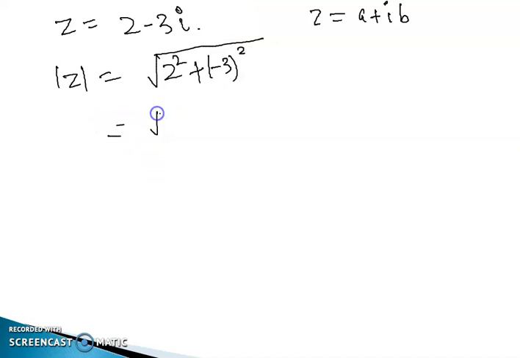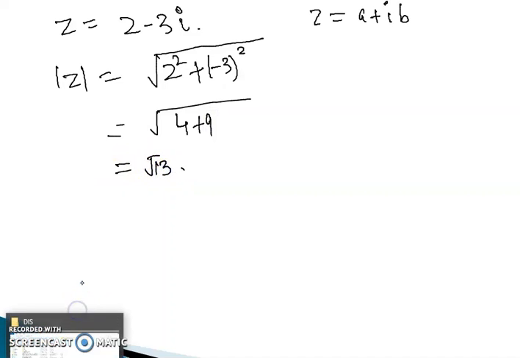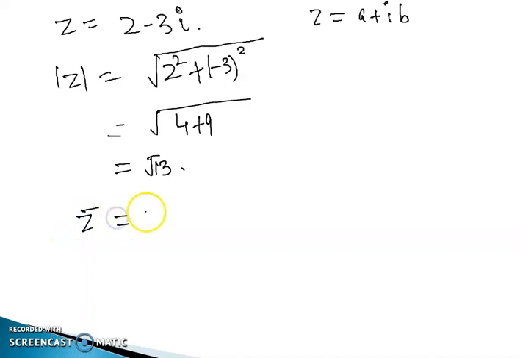So 2 2s are 4 plus 3 3s are 9 equals root 13. Same way, if I have to find z bar for the same number, it is 2 minus 3 iota bar. It will be 2, minus iota we will change to plus iota, 3 as it is.